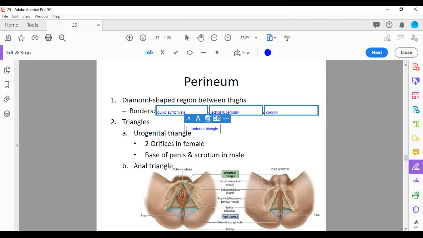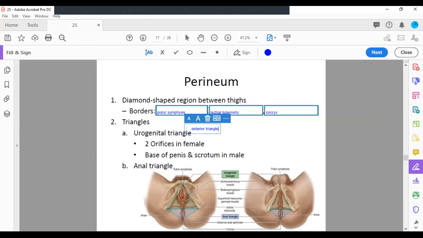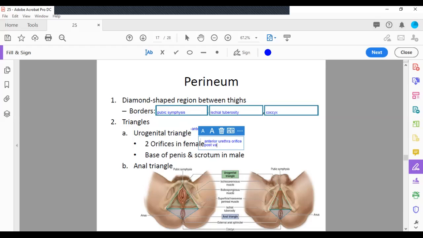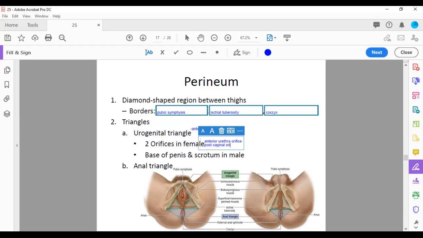In the female, there are two orifices found in the urogenital triangle. The anterior orifice is known as the urethral orifice, and the posterior one is the vaginal orifice.